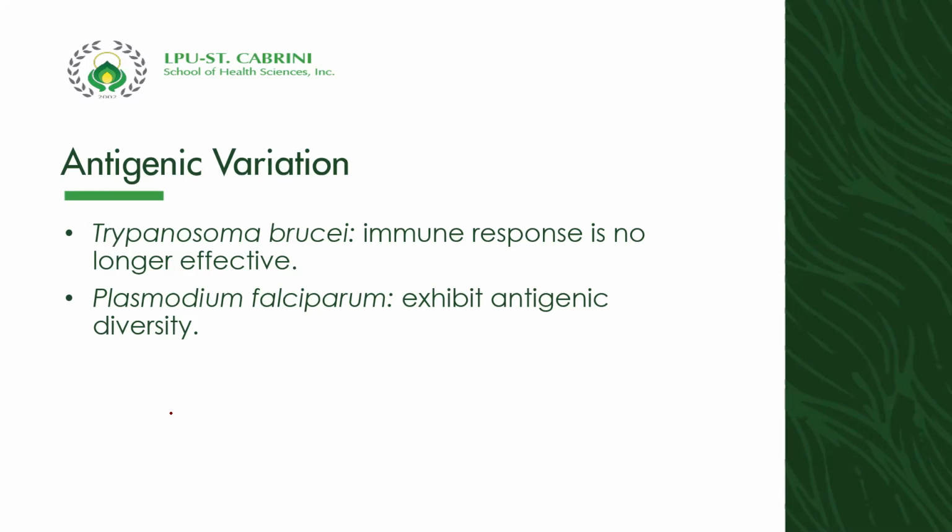Now, how about for malarial species? Malarial parasites, especially Plasmodium falciparum, exhibit antigenic diversity. This is a mechanism through repeat variation of encoded polypeptides. And these repeat sequences are antigenic epitopes.